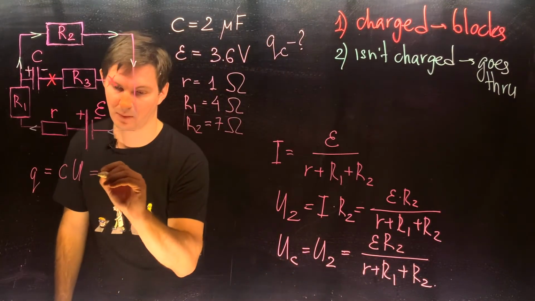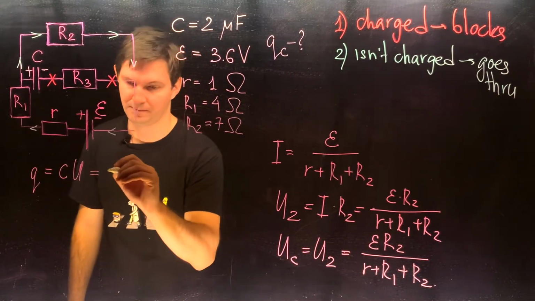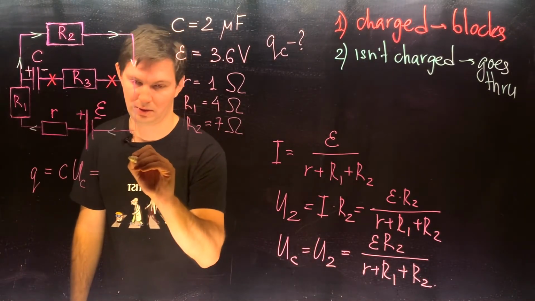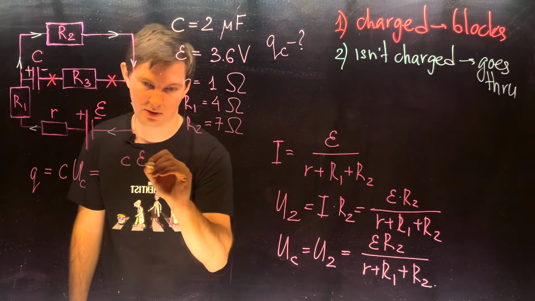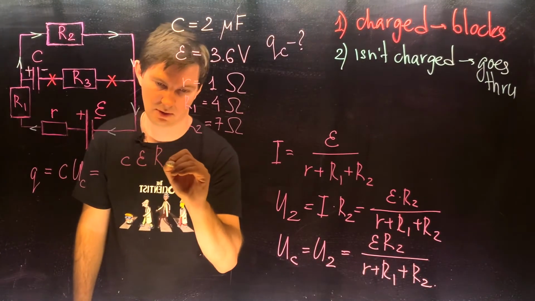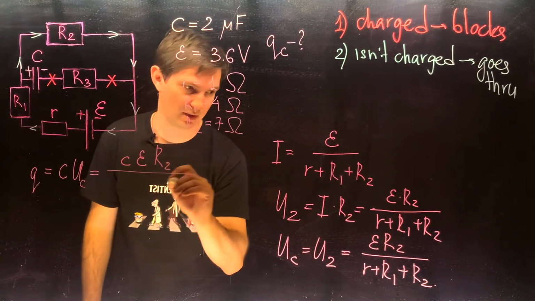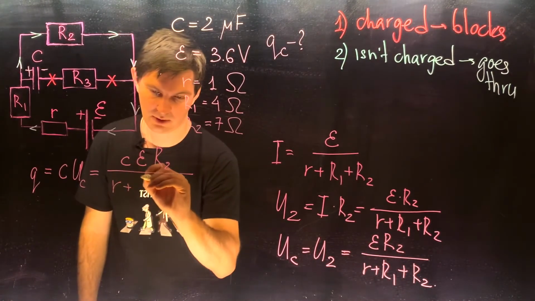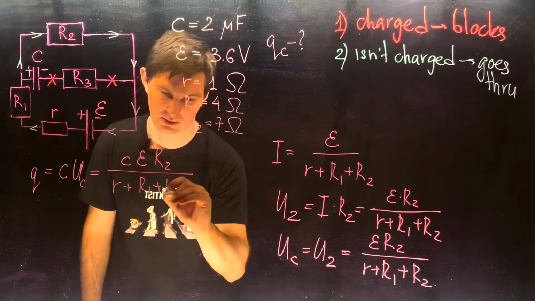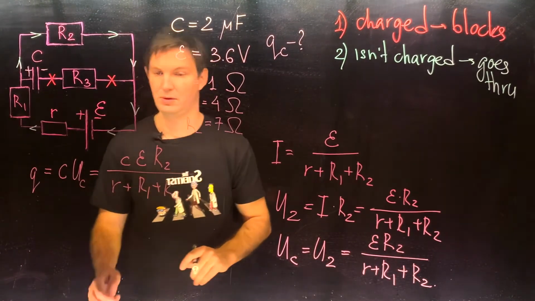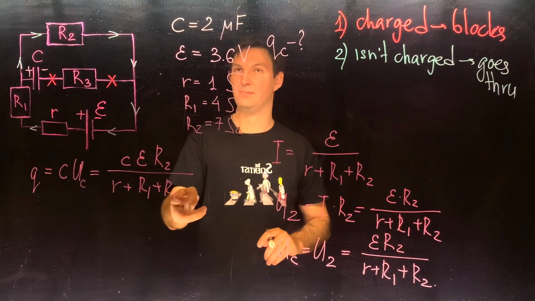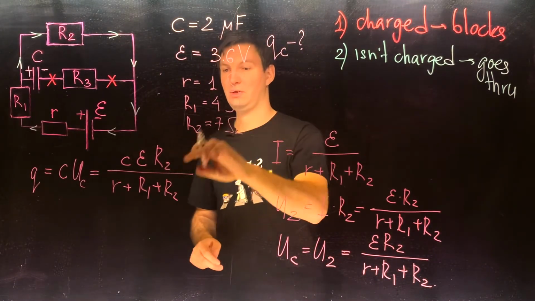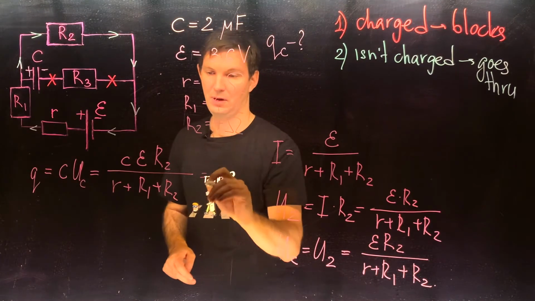So it will be C times E times R2 divided by R plus R1 plus R2. So here we have the answer, and let's substitute these numbers into this expression.